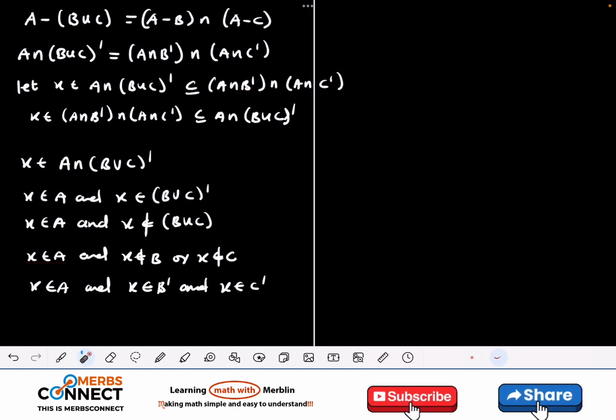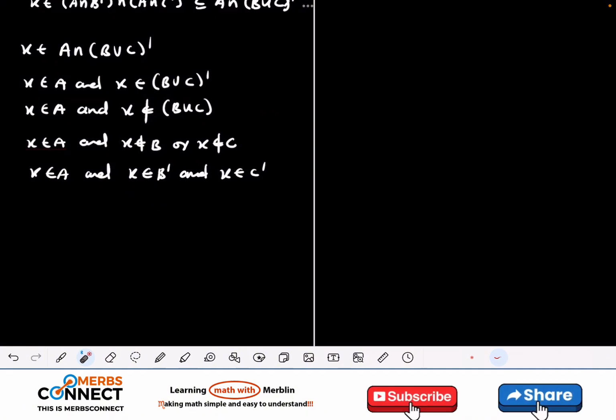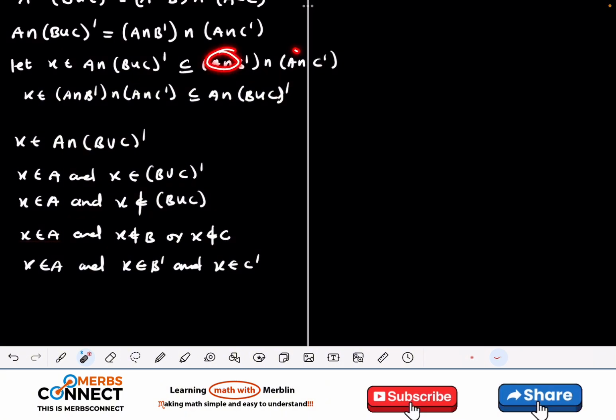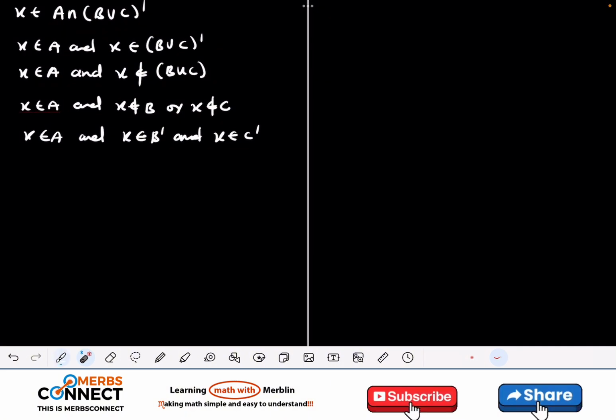Now the only thing that we can see is that A goes with B prime, and A goes with what? C prime. So when you come here, it means that we need to pick X belongs to A and X belongs to B prime and this and here. So I pick this and this one with this one, because we can see that we have A here, A also here. That is a smart move.